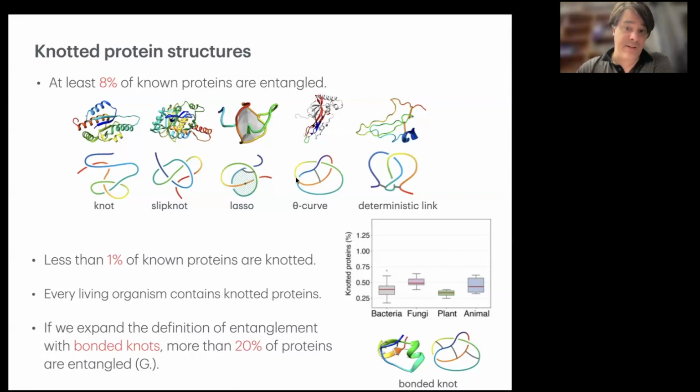But now if we also take into account that something is knotted if it doesn't have a trivial structure, including bonds, we have a much richer notion of what knotted is. It means that it's not just a simple theta curve, just a circle with a bond, but if we take into consideration these intramolecular bonds, we can approximately say that 20% of proteins are entangled.